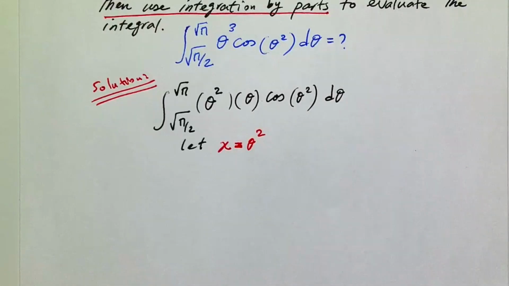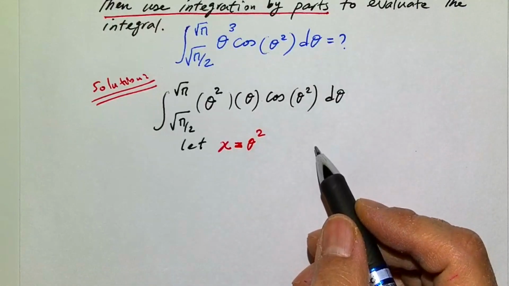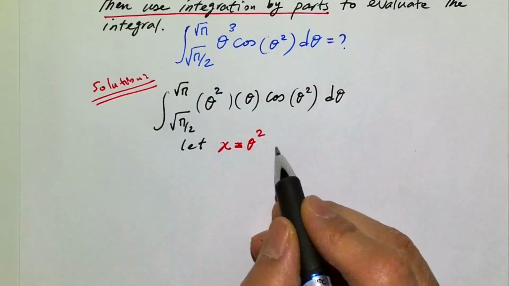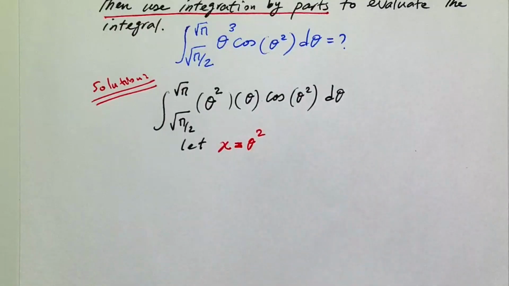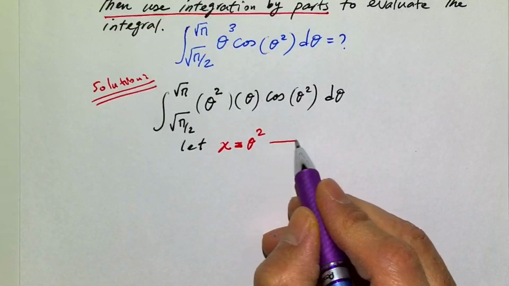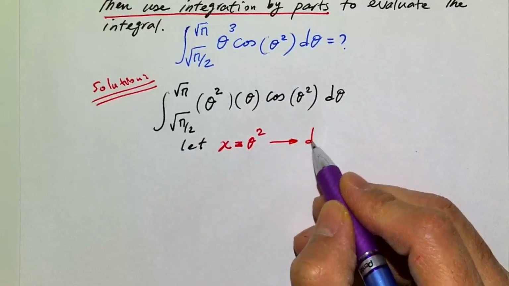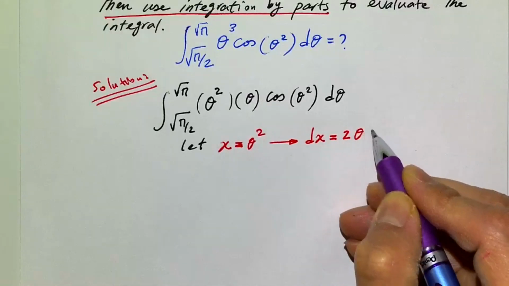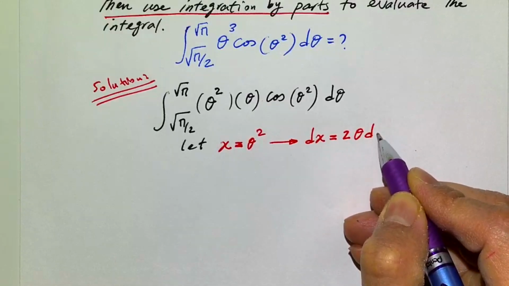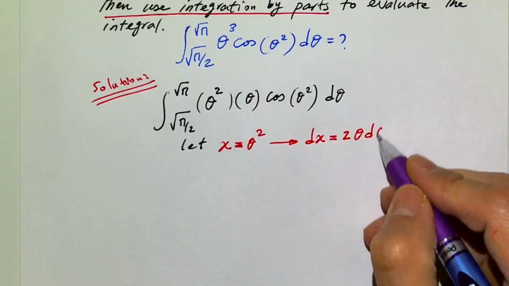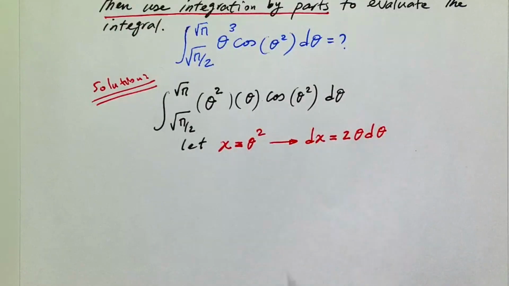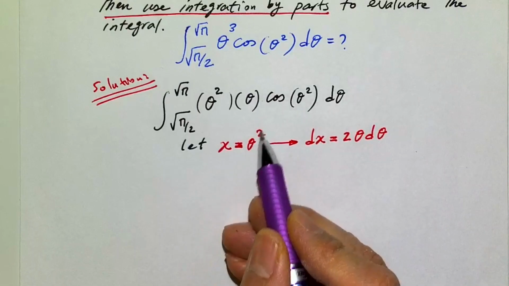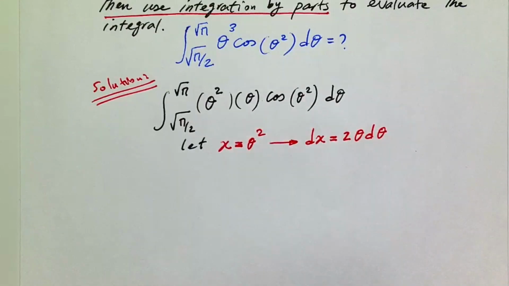Again, we're not yet applying the integration by parts. With this substitution, if we take the derivative of both sides, we get dx equals 2 theta d theta. That's just taking the derivative of both sides after using this substitution for theta squared using x.